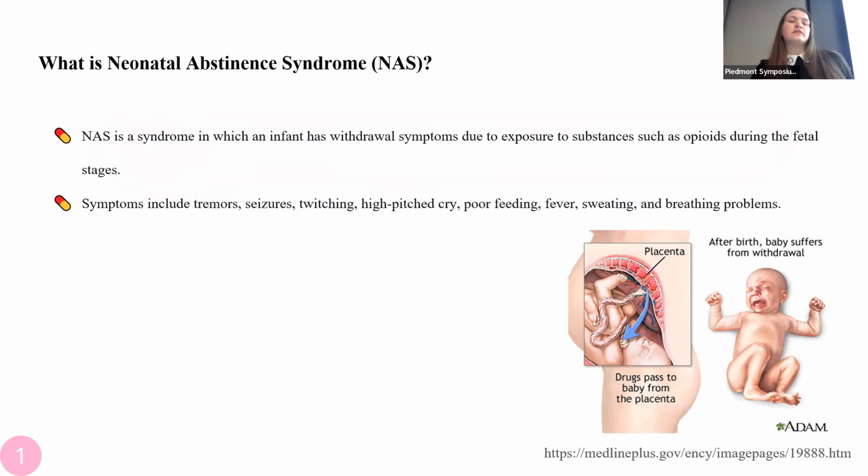First, what is neonatal abstinence syndrome? NAS for short is a syndrome in which an infant has withdrawal symptoms due to exposures such as opioids during the fetal stages. Symptoms include tremors, seizures, poor feeding, fever, sweating, and breathing problems.